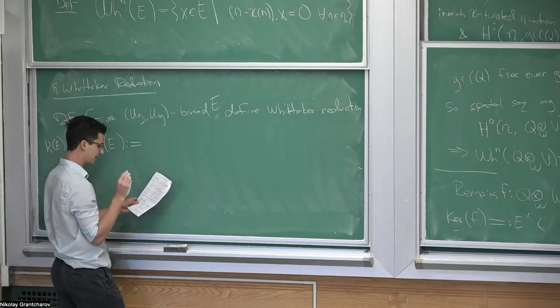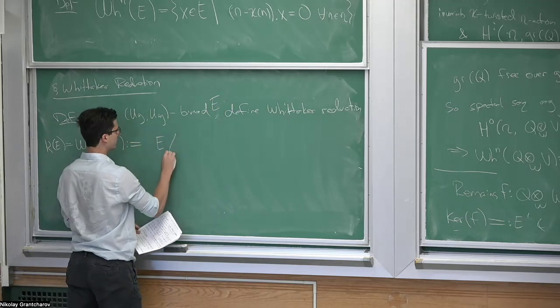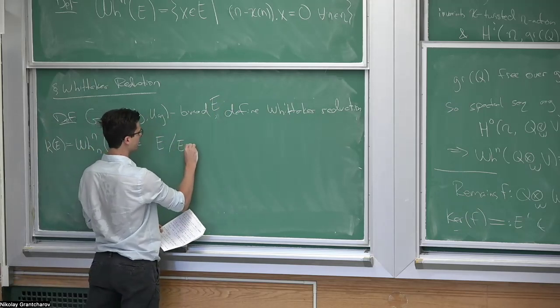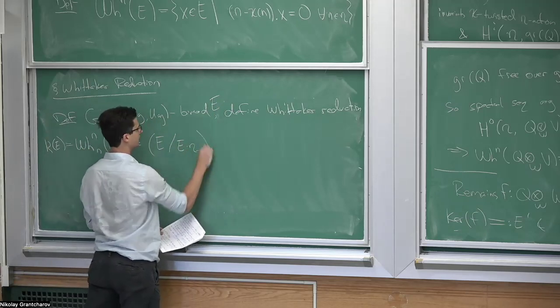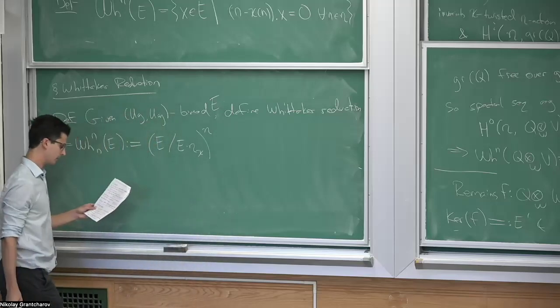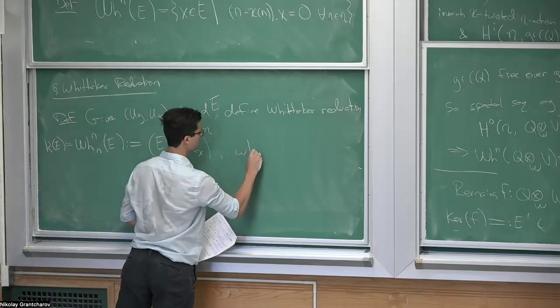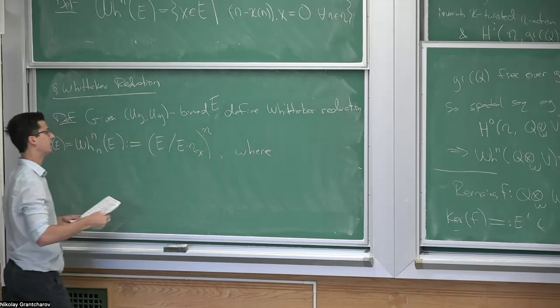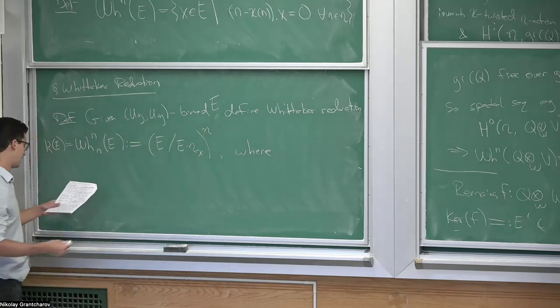So take the co-invariance and then the invariance. And let me spell out explicitly how Fractor n acts.